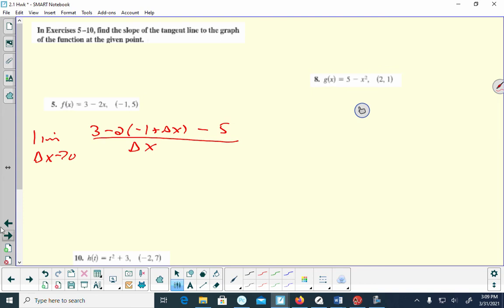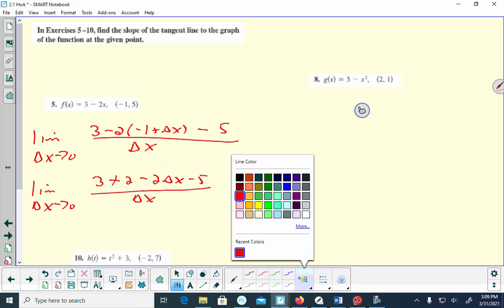Because I'm finding the slope of the tangent line at this point, I'm going to have 3 plus 2 minus 2 delta x minus 5 all over delta x, and I'm taking the limit as delta x approaches 0.